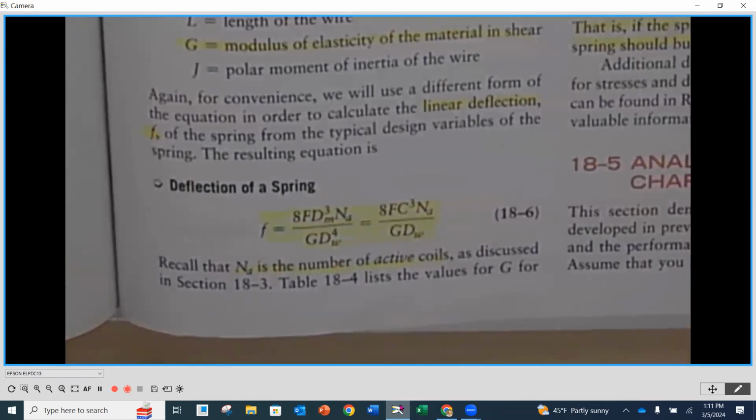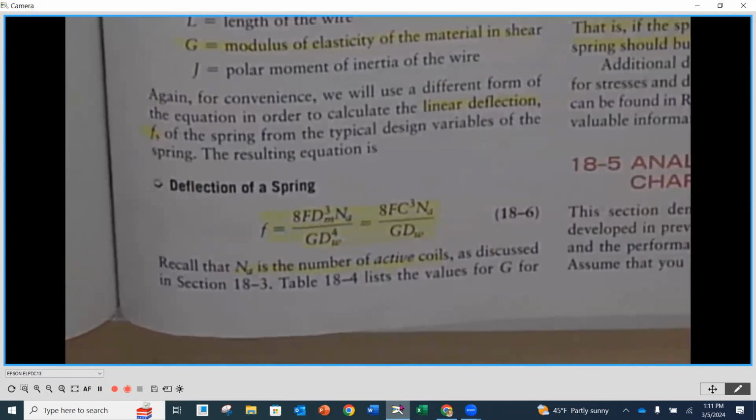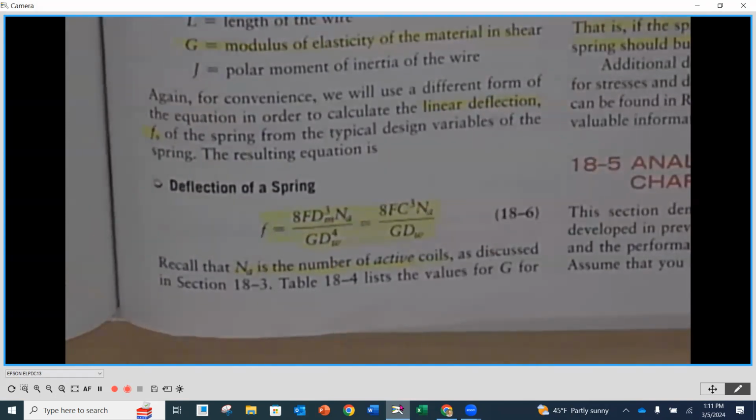Shear modulus is looking at how our material twists, so it's looking at a torquing sense instead of a pulling. Because of the nature of a spring, as we push it down, it torques as well, and that's where the shearing is happening. So we need to look at the shear modulus of the material that our spring is made out of. So that's underneath here.